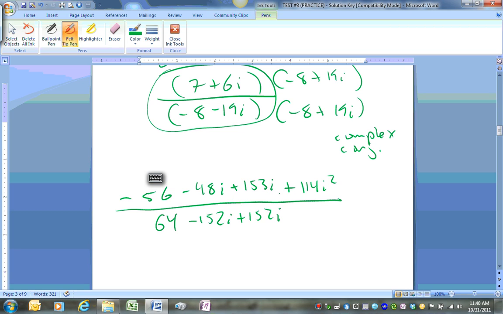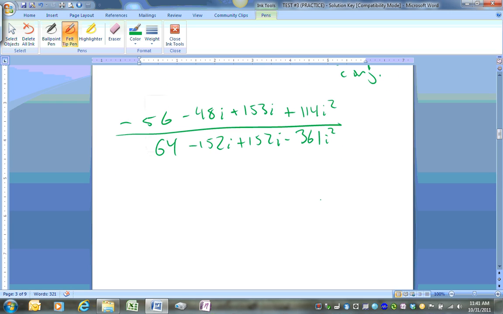Plus 152i. Minus 324 i squared. No, that's not right. 19 squared is 361 i squared. Again, I promise you the numbers will come out more nicely on the real thing.